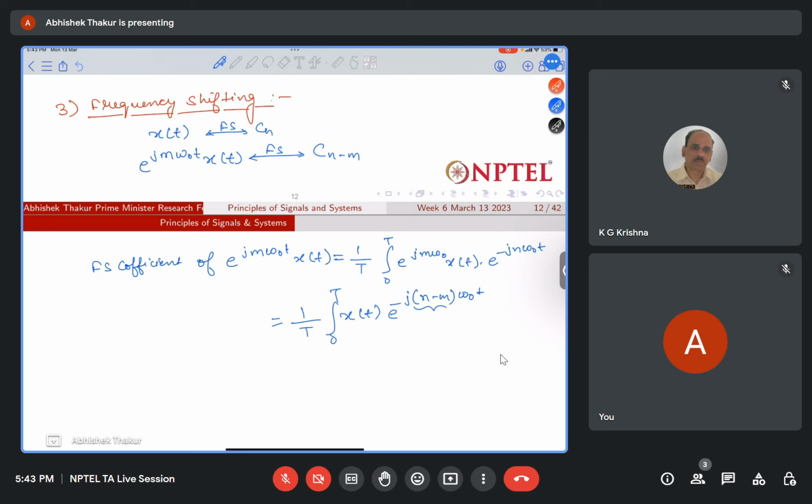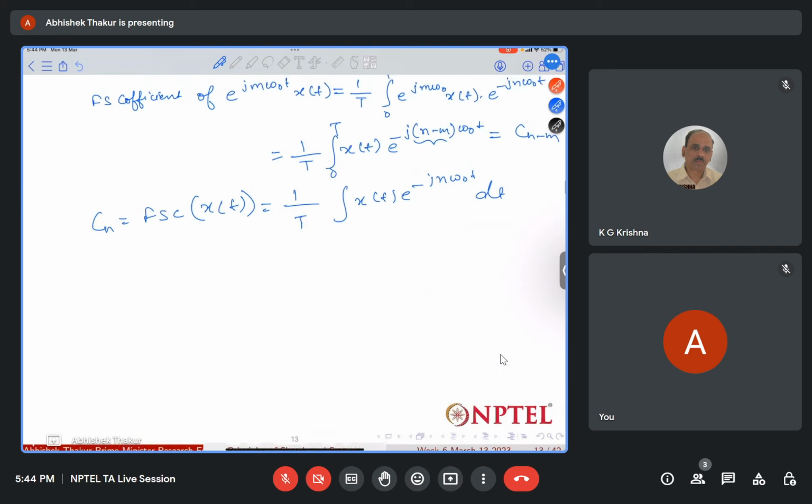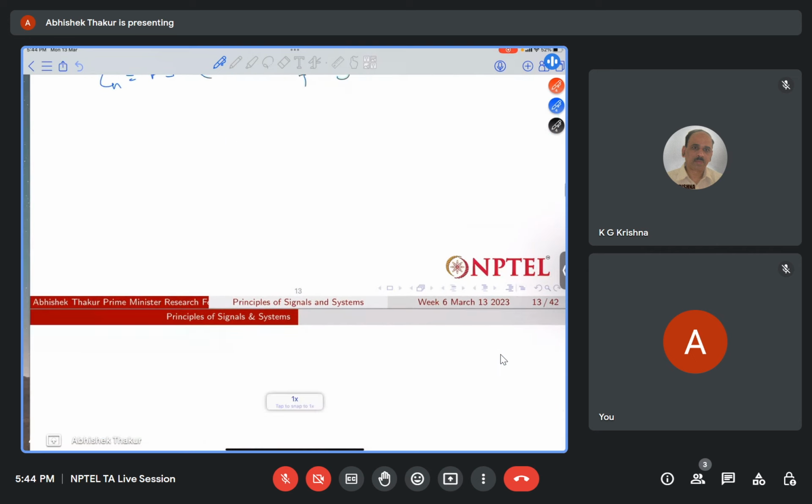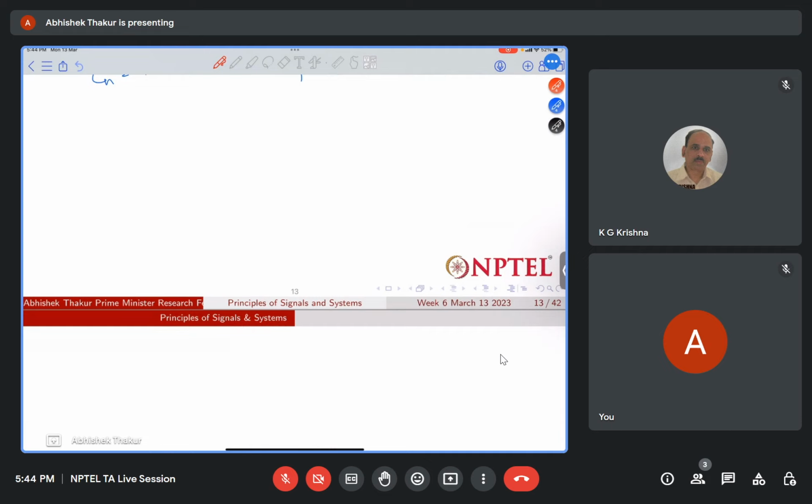We know that the Fourier series coefficient of xt, Cn, is 1 by t integral of xt e to the minus j n omega naught t dt. Here it is n minus m. So this term will be c of n minus m. After that we will see the time scaling property, and we'll solve some questions.